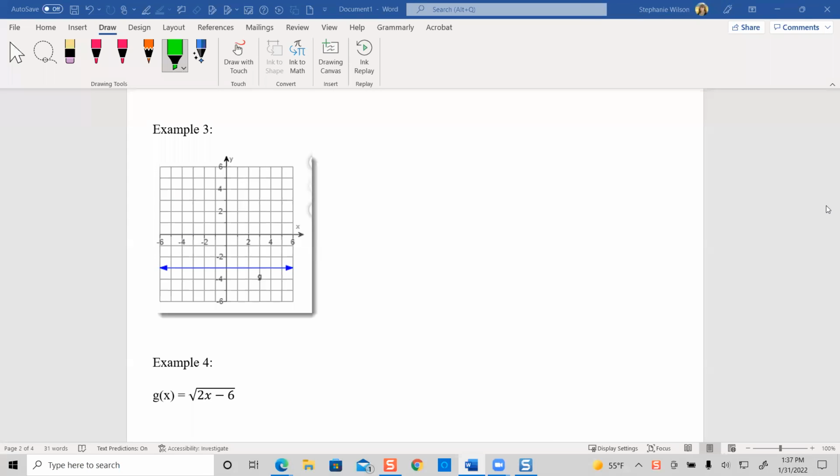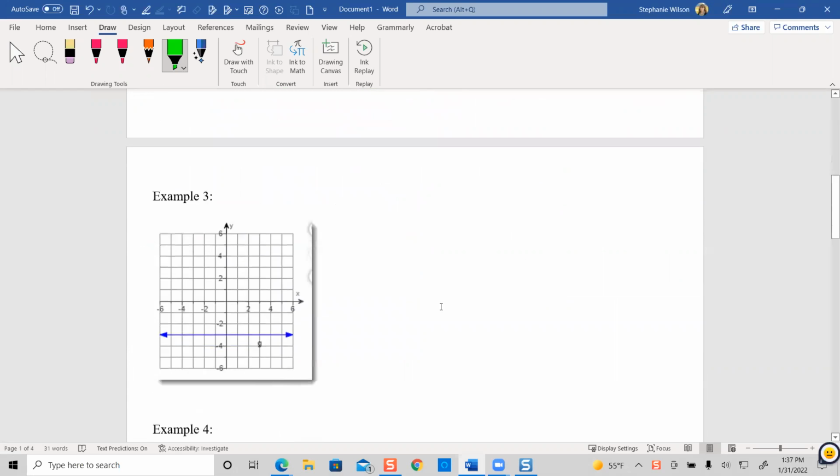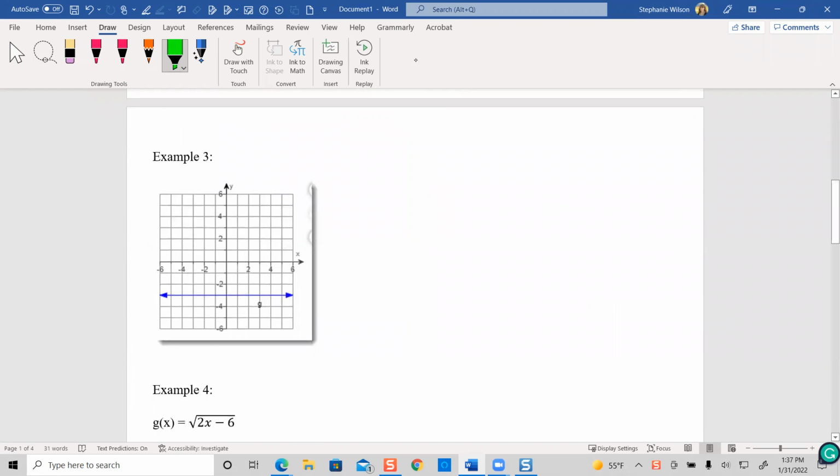So whenever we're talking about domain and range and we're looking at a graph, what we can do, let me get this back on the screen, is determine where the function is. If you notice, it's right here. Whenever we talk about domain, we talk about its x values.